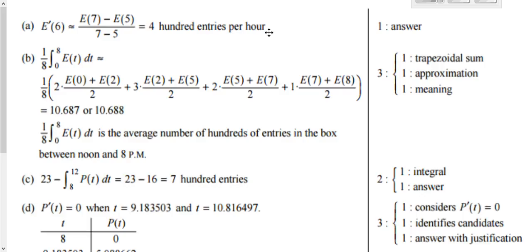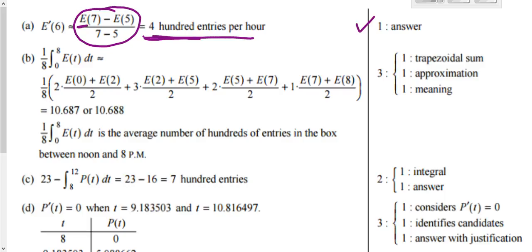And they said that part of your answer is saying hundreds of entries per hour. So on the AP exam, they're going to look to see if you did this. It's okay if this is E and you wrote F. They know what you mean, okay? In the future, if you remember, you can write E, but if you don't, that won't count completely against you. And we said 400 entries per hour, so we got our point for that.